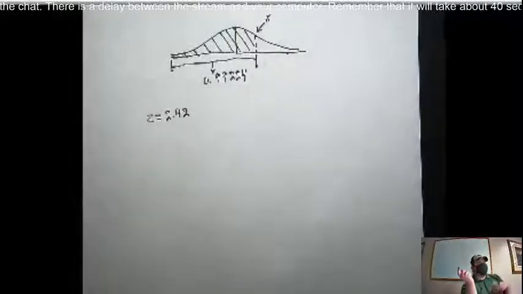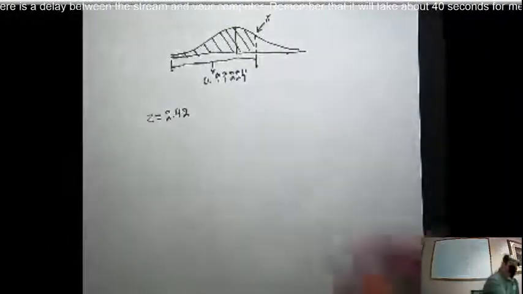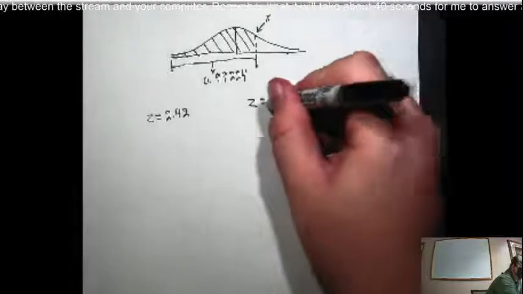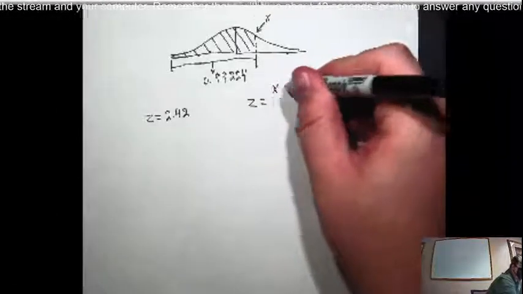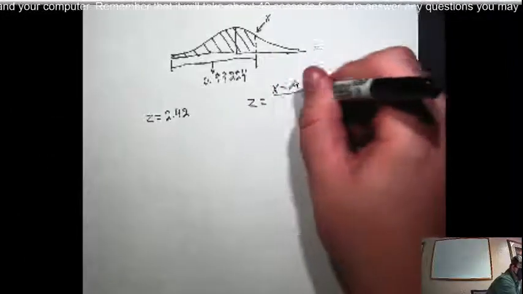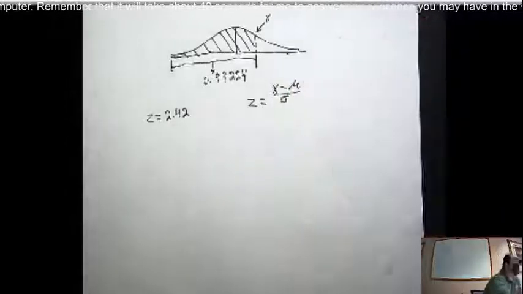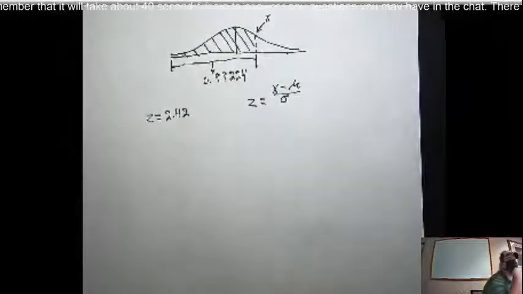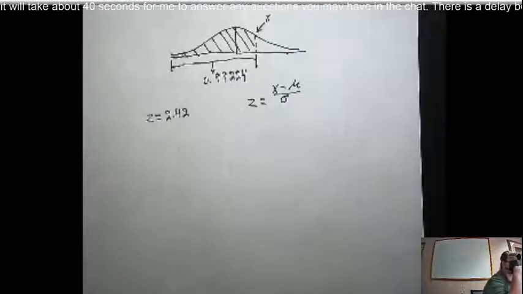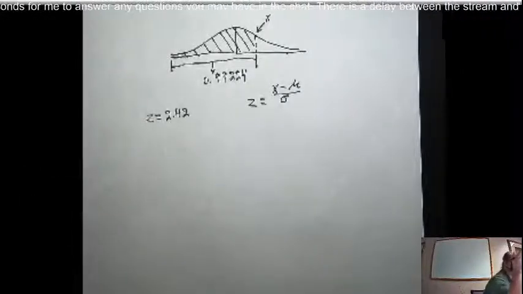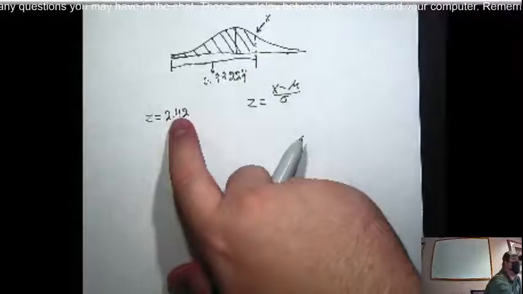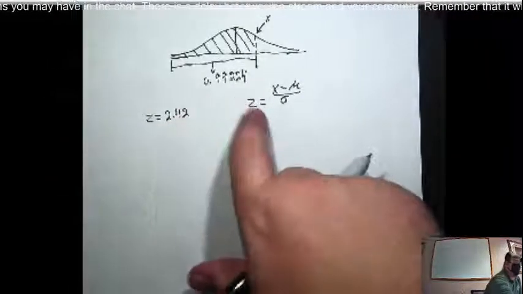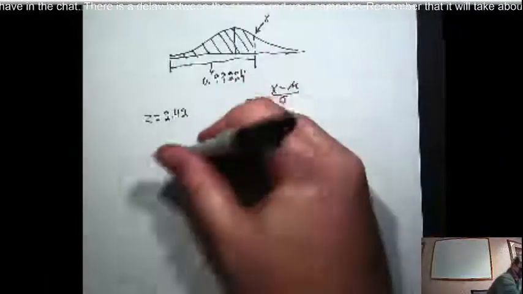Now the only way we know to relate this z-score to an x is with our z formula. Again, x minus mu over sigma. So if we want to find x, what we're going to need to do is take this z-score we found and plug it in for z.